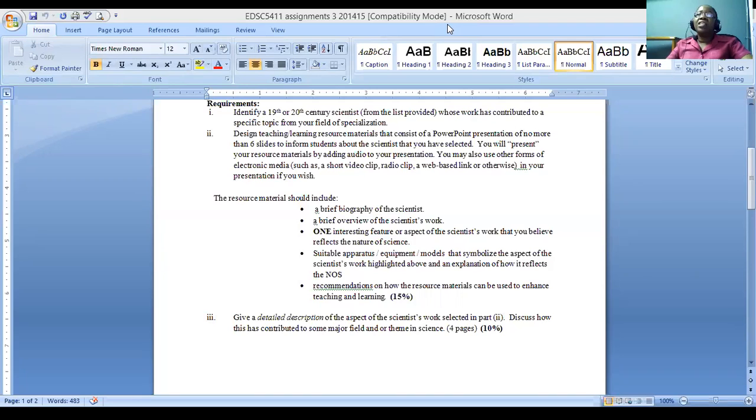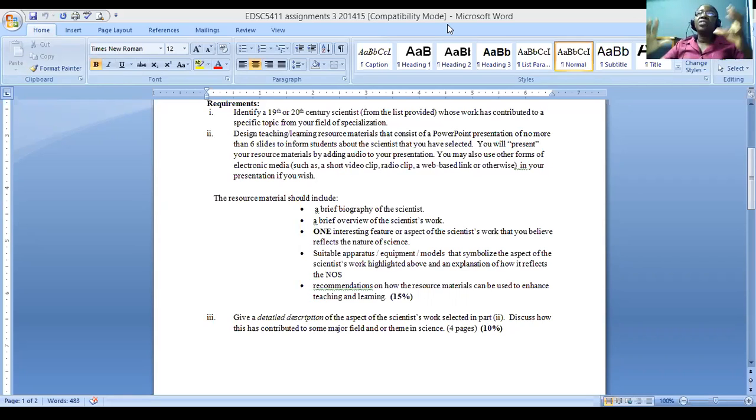And in giving your detailed description, you have to own the material. If you find it difficult to read, it is likely that I will find it difficult to read as well. Just generally speaking, because I did make a note about plagiarism, you want to own the material. So you take the material, you extract it, and you write something that is friendly to read, right?